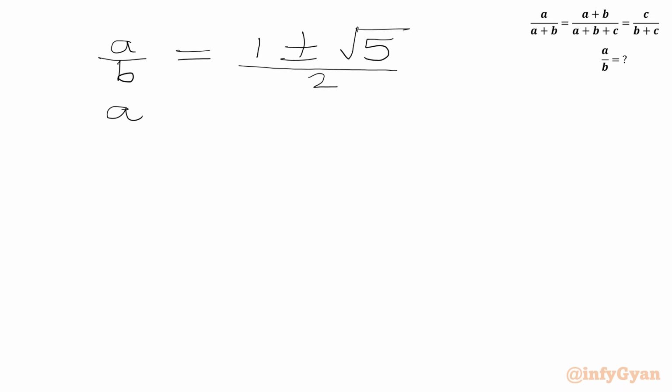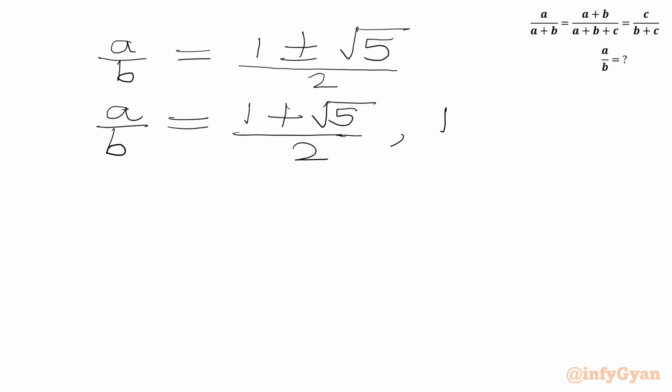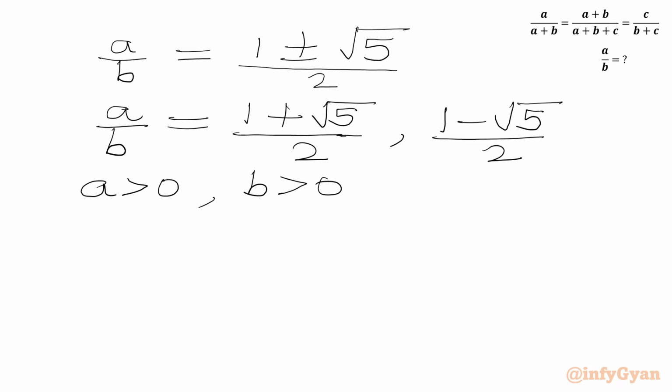So I can write two values of a over b. First one, 1 plus root 5 over 2, which we know as the golden ratio. And second one, 1 minus square root 5 over 2. Now if a is positive and b is positive, we can conclude a over b must be positive.